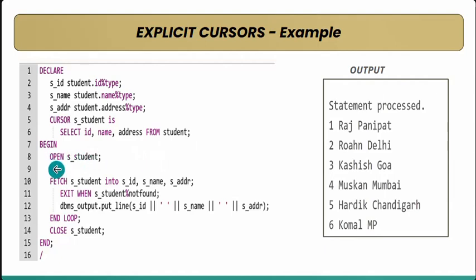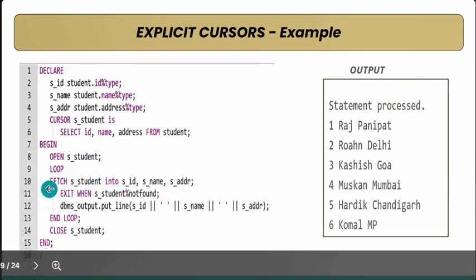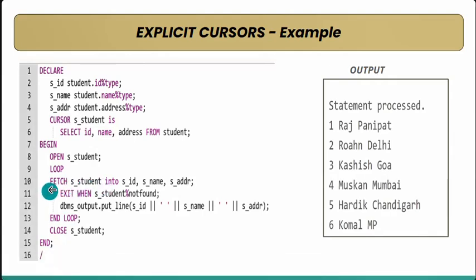Next is opening the cursor using the OPEN statement with s_student. Then you fetch the data from the student table using the FETCH keyword: s_student INTO s_id, s_name and s_address. These are all temporary variables.